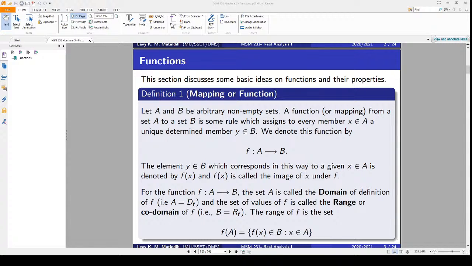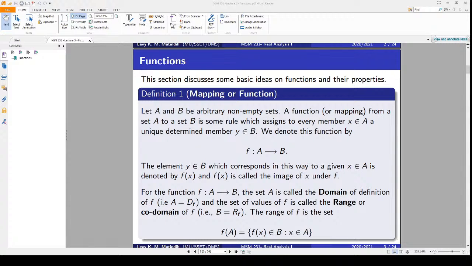This f of X is called the image of X under f, or we call it the value of the function f at the point X.